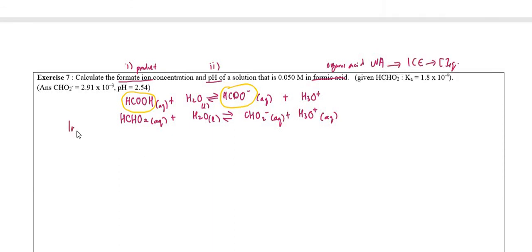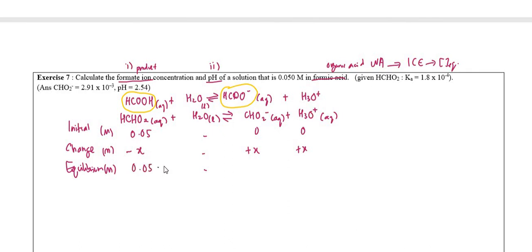Okay. Initial, change, equilibrium. For the unit, initial concentration is 0.05 here. Liquid is not included. Negative X, plus X, plus X. Make sure you write it correctly: 0.05 minus X, X and X. Your Ka expression.